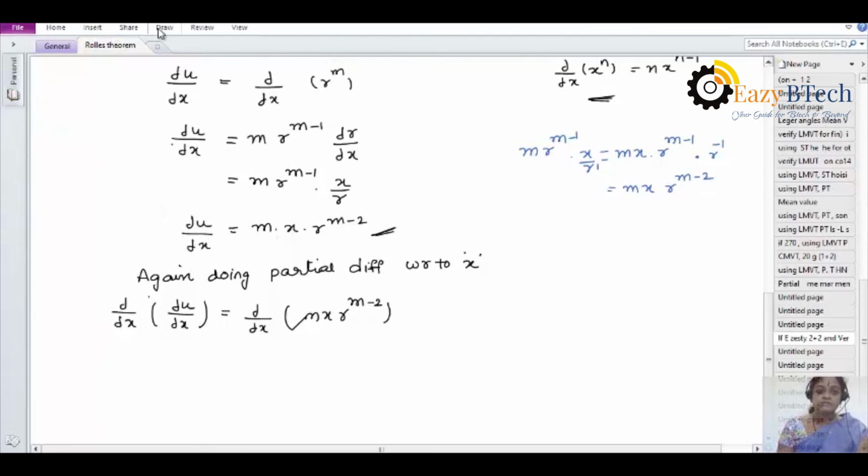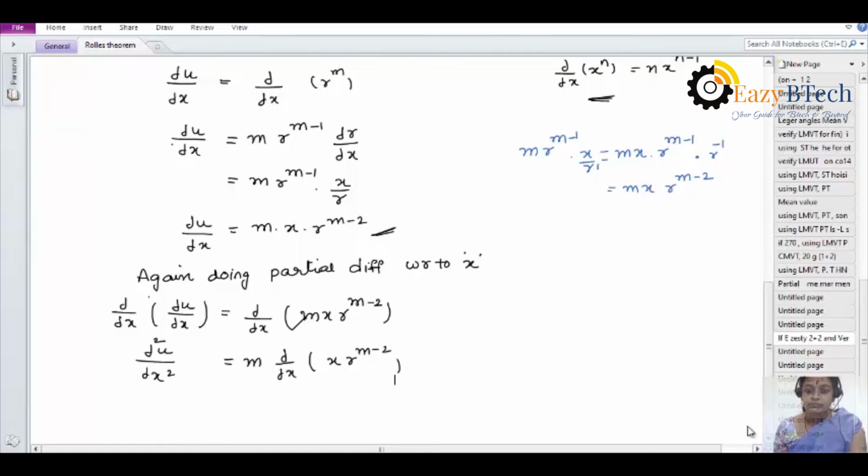If you want to do the differentiation of the RHS term, of course the LHS term is dou square u by dou x square. So please make m common here, then the remaining terms are x into r power m minus 2.